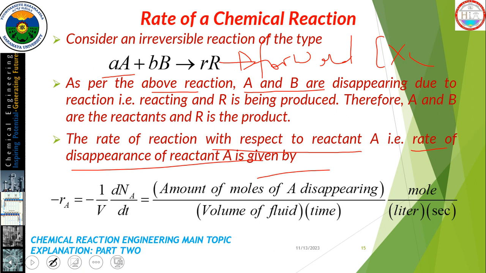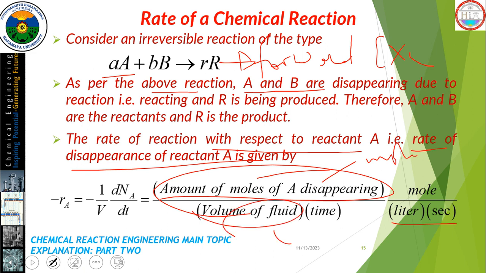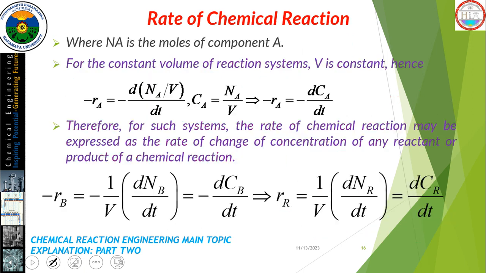This means the amount of moles of A consumed in the reaction divided by volume of the fluid times time, with the unit mole divided by liter second, because the unit of the mole is number of moles, the volume is liter, and time is given in second.